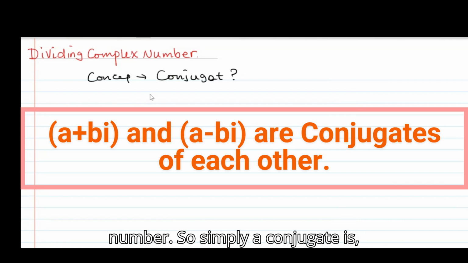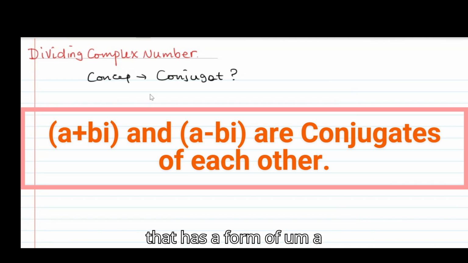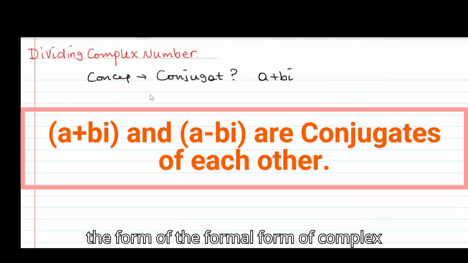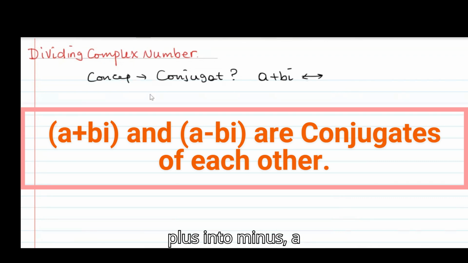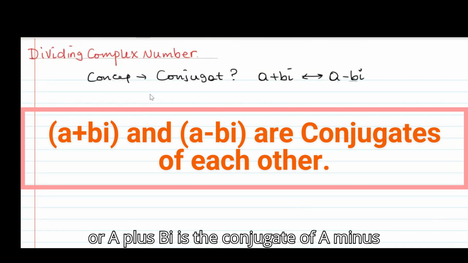Simply, let's say we have a complex number that has the form a plus bi, as you may know, this is the formal form of a complex number. If I just switch the plus into minus, a minus bi, then a minus bi is the conjugate of a plus bi, or a plus bi is the conjugate of a minus bi.